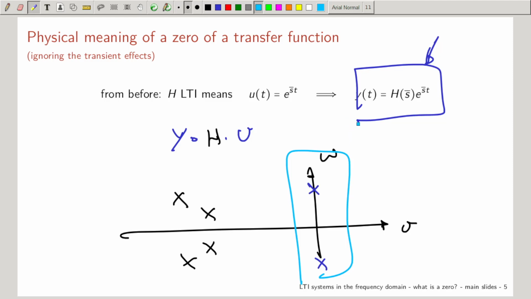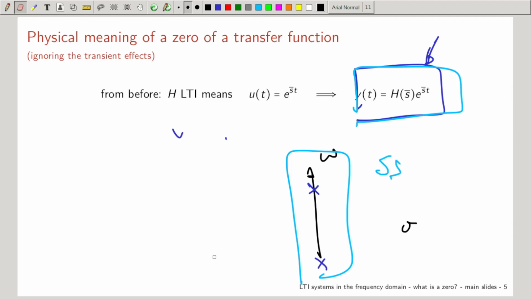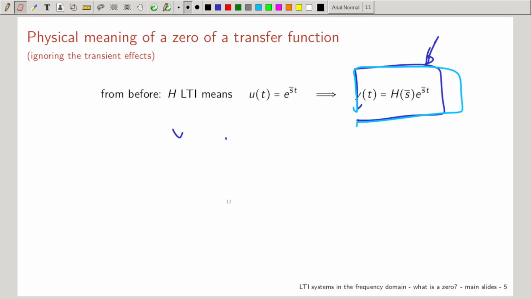Whenever I do this formula here, I'm computing a specific object. I'm computing the steady state. Before, I was having this situation with the example as before. I was having sigma omega.